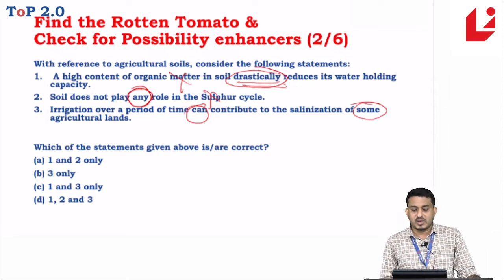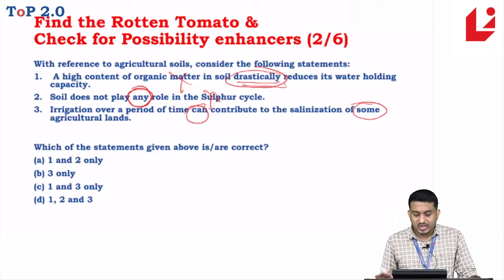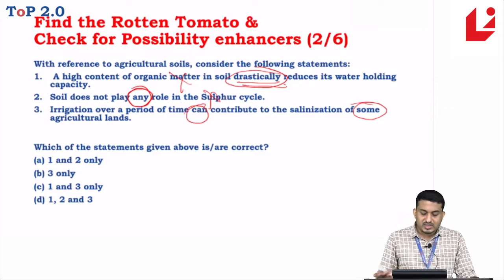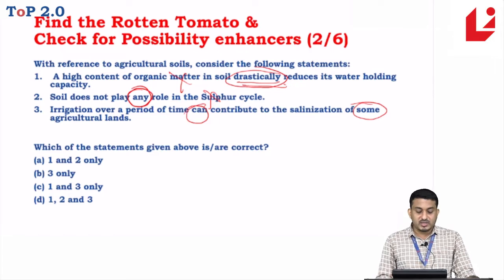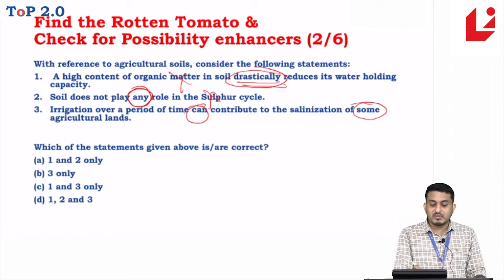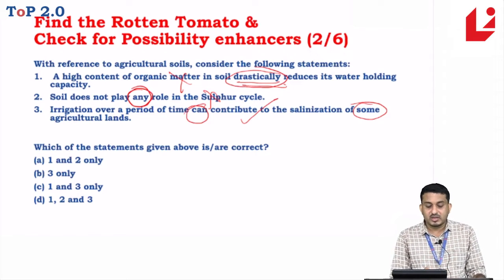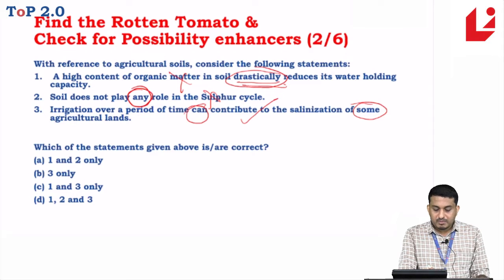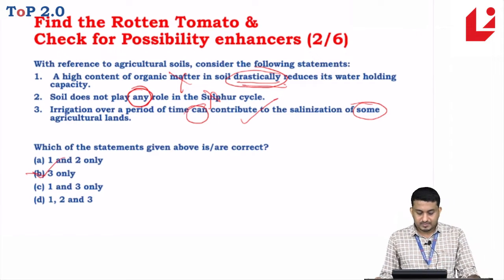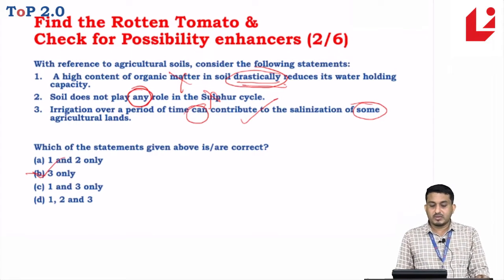But some agricultural land, there is some possibility, not all agricultural land. So some is used by the examiner to make the statement correct. Getting it? So the third statement is correct, first is wrong, second is wrong. So the answer is B, 3 only.